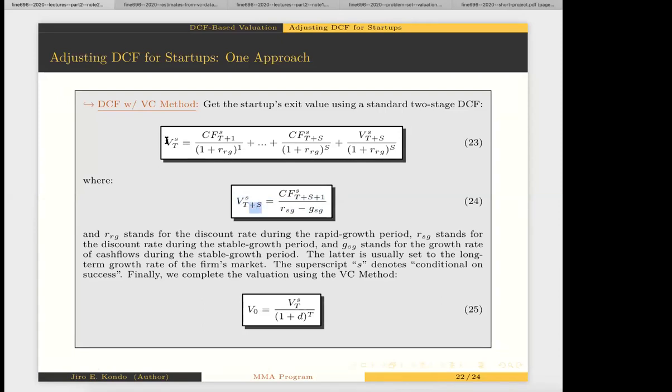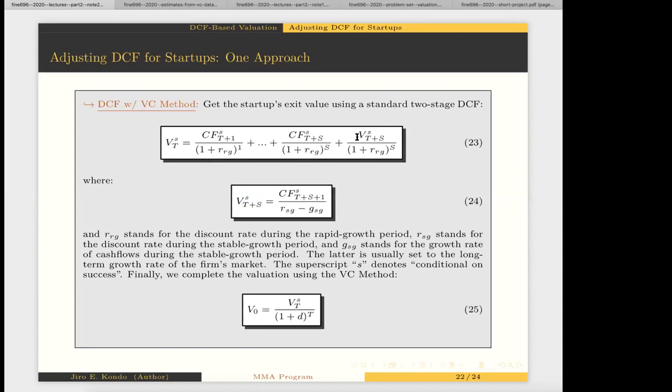So the next step is that we estimate an exit value conditional on success. This is a value after S periods after exit. What do we expect the value of the startup to be at exit, so at time t? Well, what we'd want to do is take the discounted cash flows associated with the startup at time t plus 1, t plus 2, all the way up to t plus s.